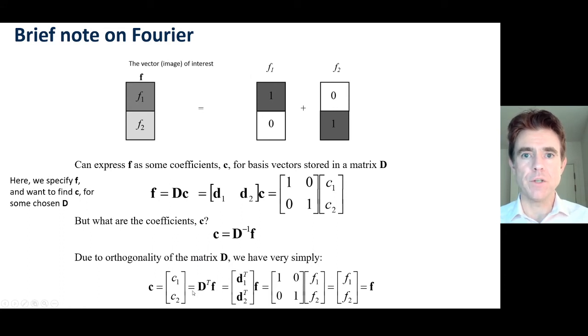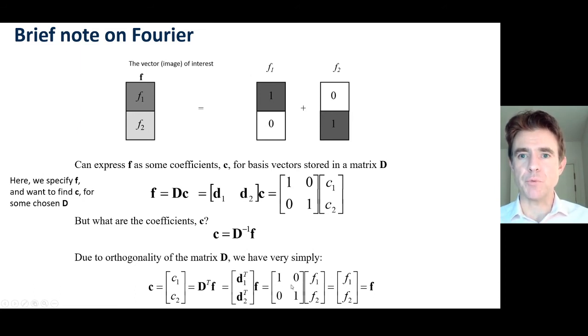Just following that through, D transpose is going to be that column D1, that basis vector, now placed along the row of this matrix. And then we've got the second basis vector, which was column 2 of the matrix D, now placed along the second row of D transpose.